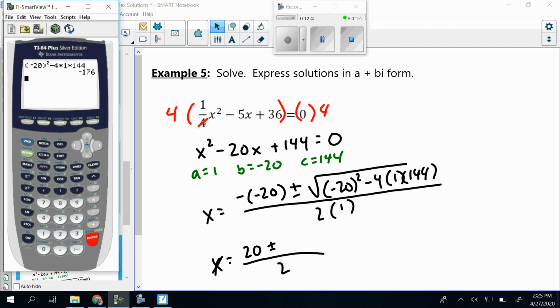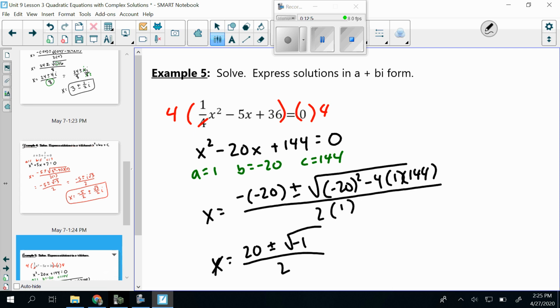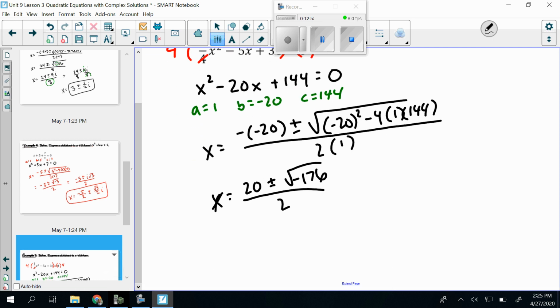And that ends up being negative 176. Okay, so how do we keep going on this one now? Take that negative out and make that into i. So you've got 20 plus or minus i square root of 176, all over 2.